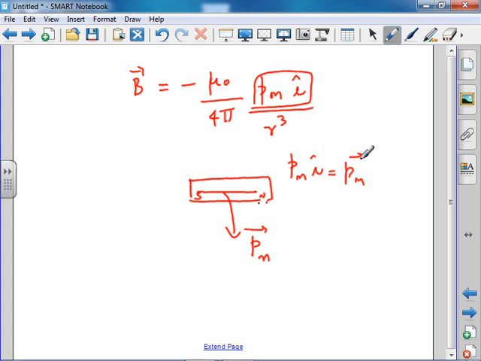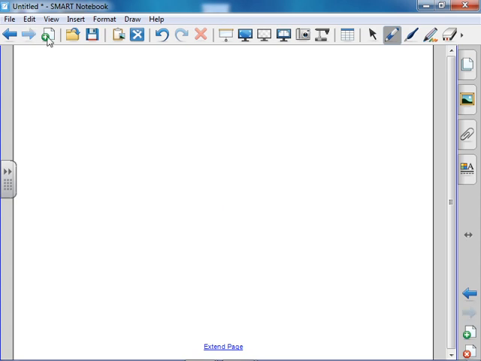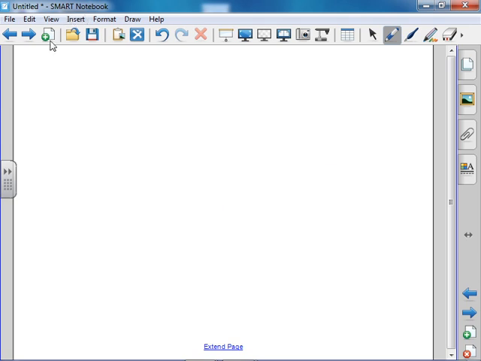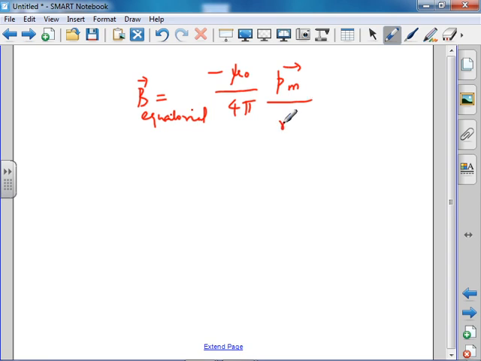Okay, so we get the magnetic field at a point along the equatorial line due to a magnetic dipole is given by B vector is equal to, this is for equatorial, minus mu naught by 4 pi Pm vector by r cube.